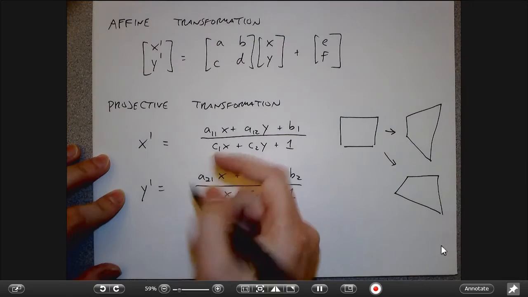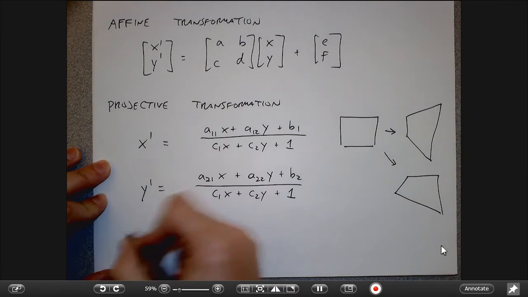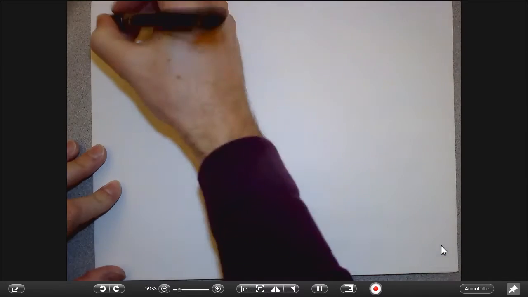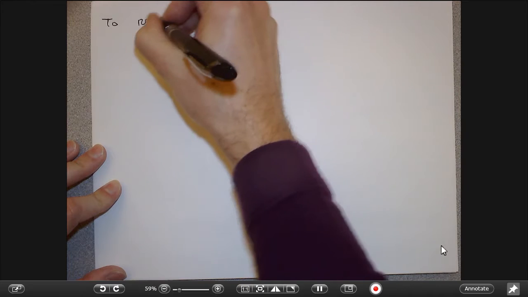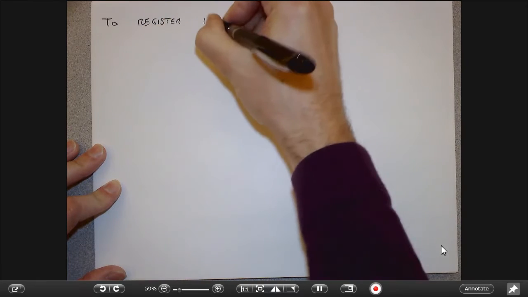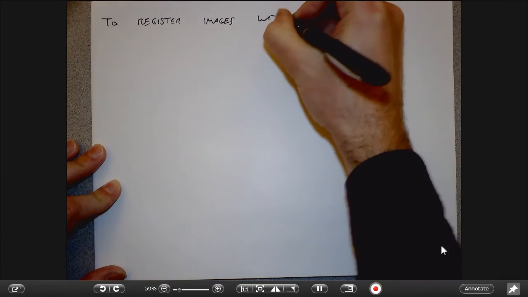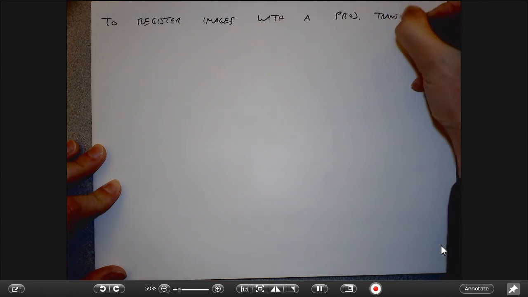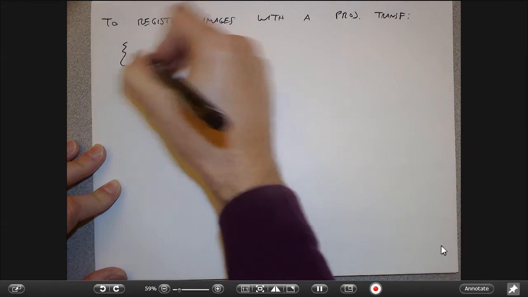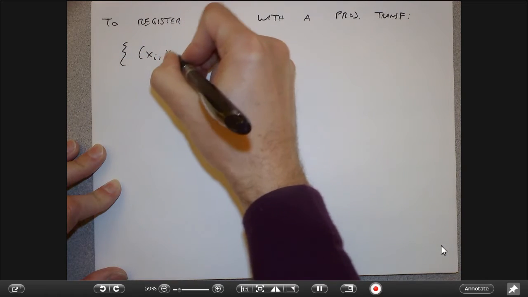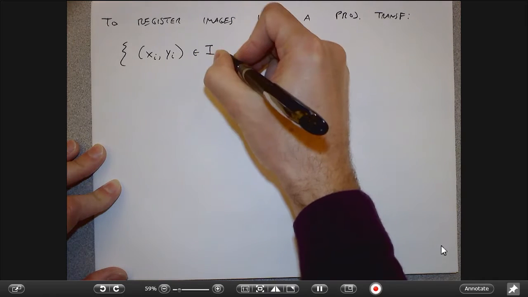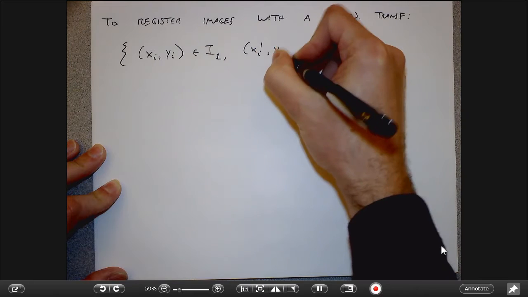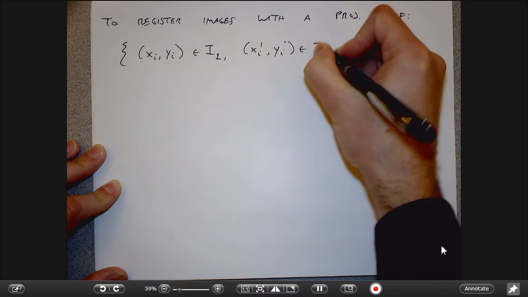Well, the easiest way to think about this is, let me just write this over here: to register images with a projective transformation. What I have is basically a set of correspondences xi, yi in image 1 and let's call them xi prime, yi prime in image 2.